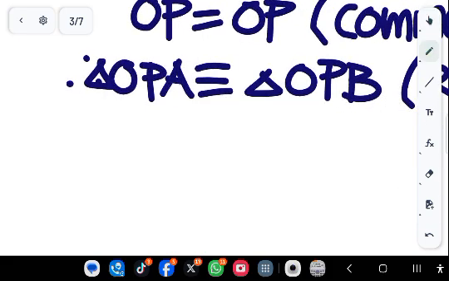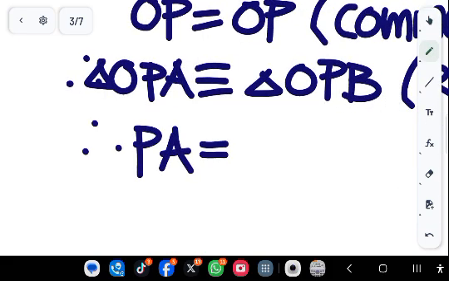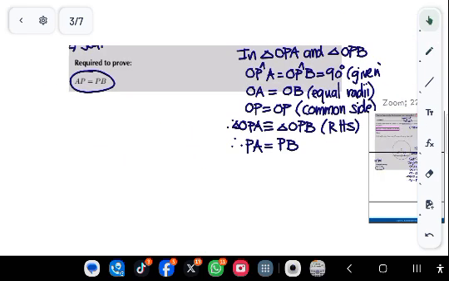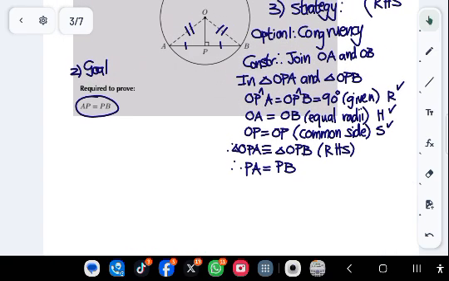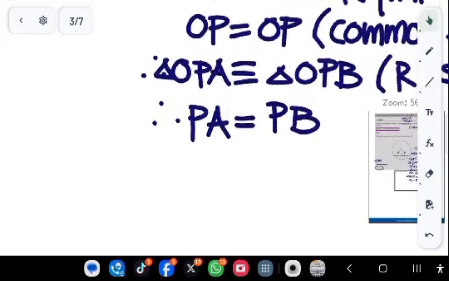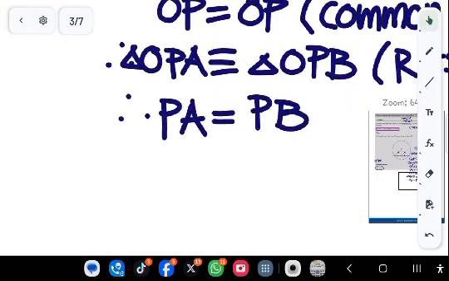Therefore, side PA on the left hand side is equal to side PB on the right hand side. Now, if AP equals PB, PA equals, it doesn't matter how you want to put it. You can write AP, it does not matter. AP or PA equals PB.